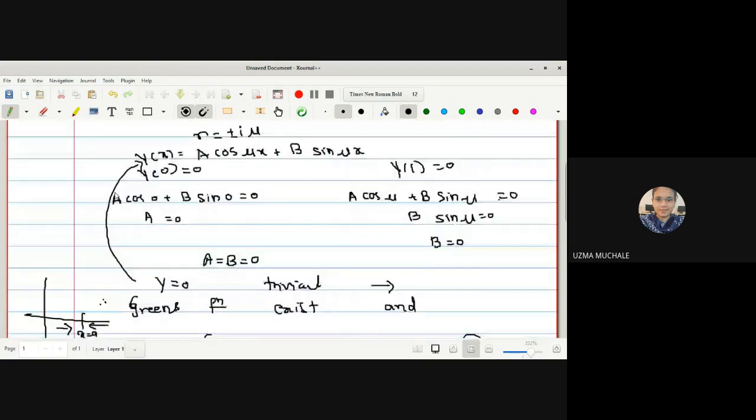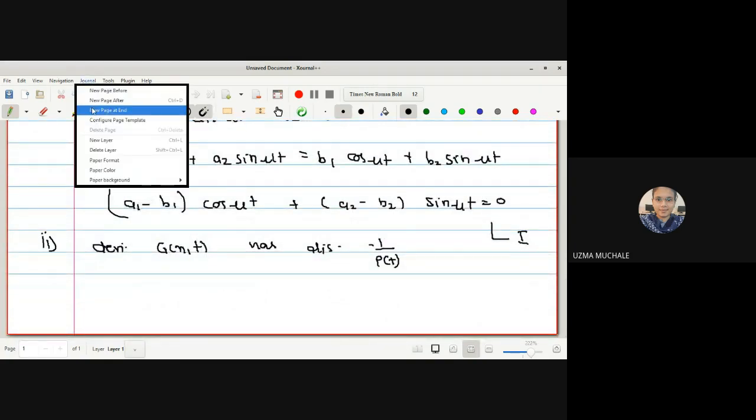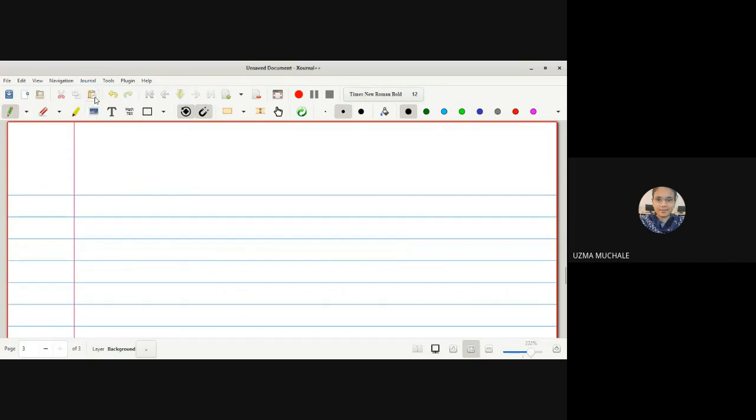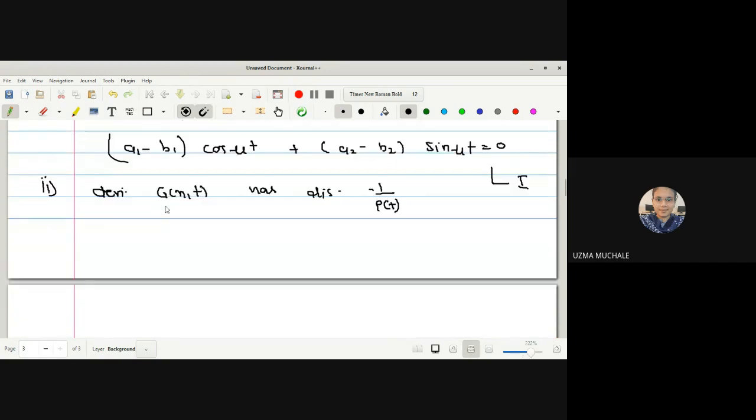It is 1. So we can write this as derivative of g2 minus derivative of g1.